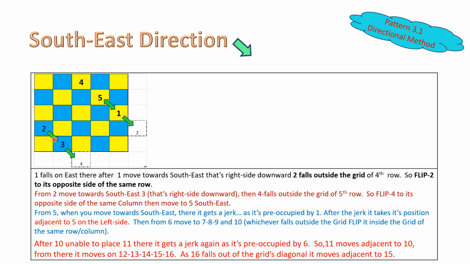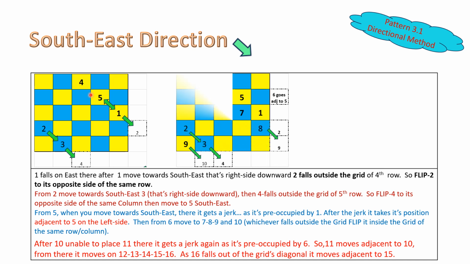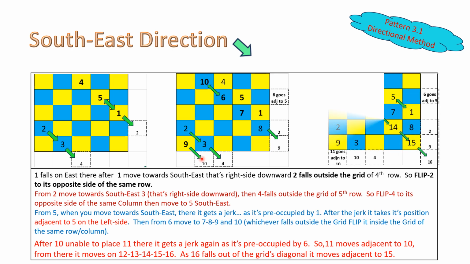Then 2, 3, 4 get flipped inside. Then 5. After 5 you are unable to place 6 here because it is preoccupied by 1, so it goes adjacent to 5. 6, 7, 8, 9 get flipped inside. 10 gets flipped inside.